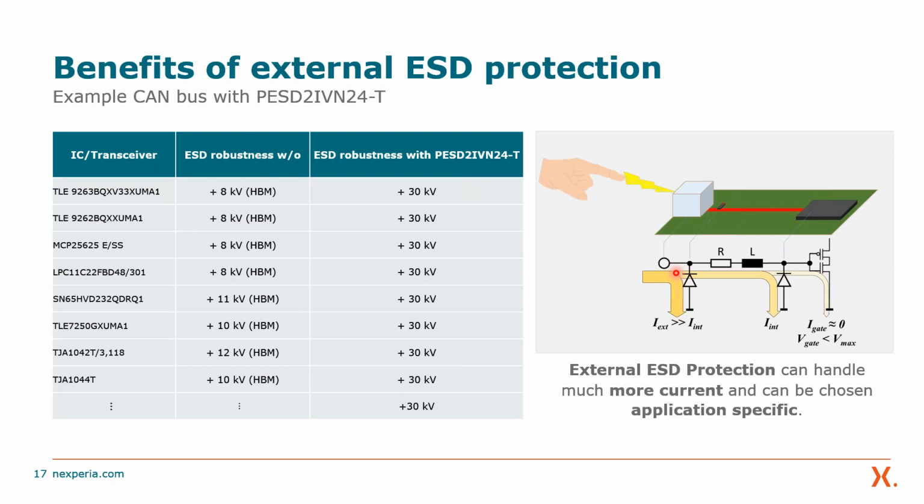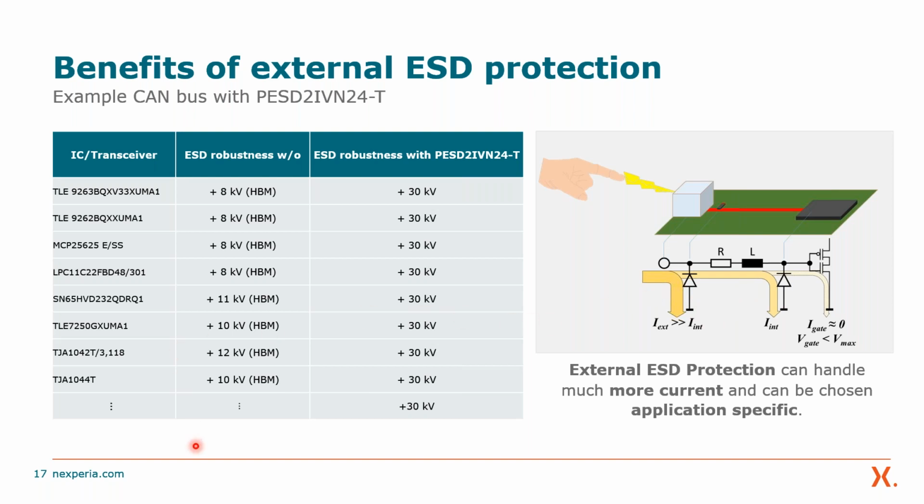In the case of an ESD event, the current will move through this ESD protection. So we can actually use those parasitics for our benefit, and in effect increase the system level robustness.